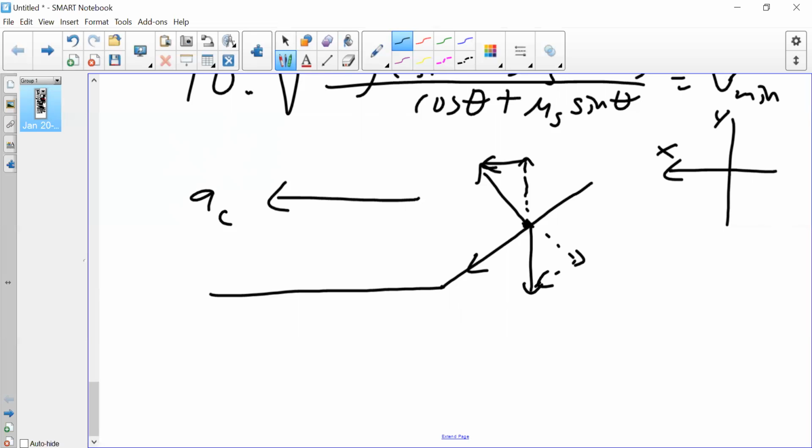And then this time the car is sliding up. If it's sliding up, then friction has got to go down because it's opposite the motion. So I see this is 11, if I may, 12.